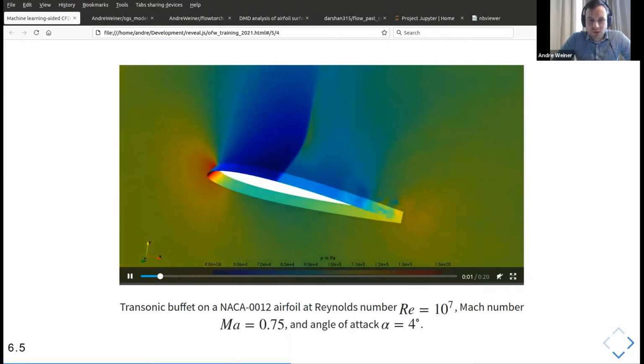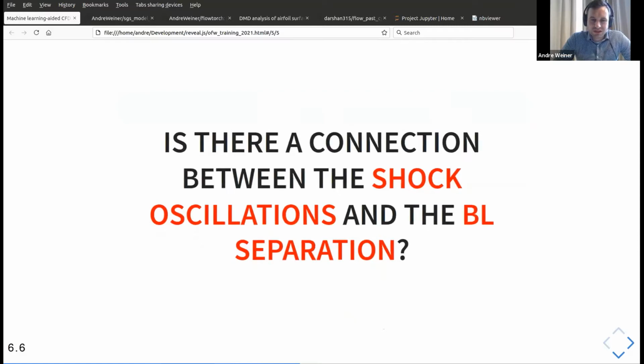This unsteady motion is called a buffet, or a transonic shock buffet. The scientific question we want to answer here is: is there some kind of connection between the shock oscillations and the separation of the boundary layer that we saw close to the trailing edge of the airfoil?